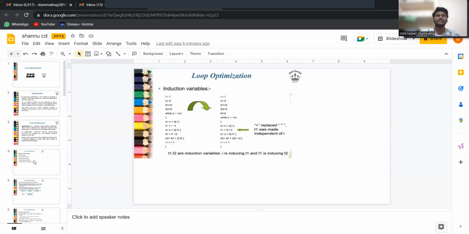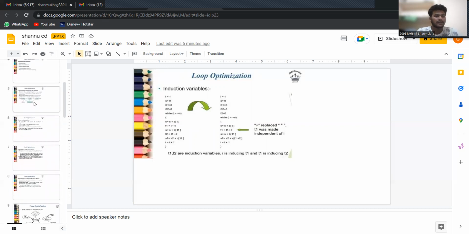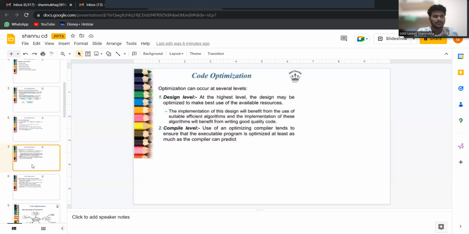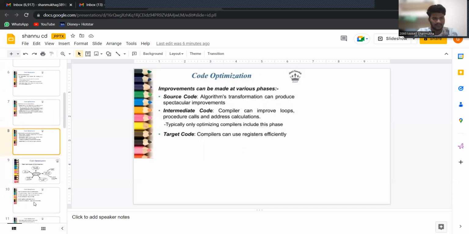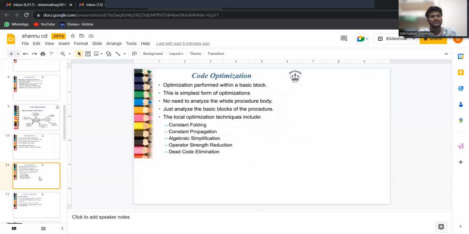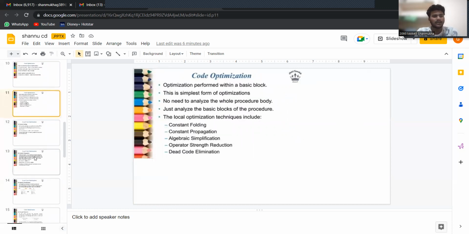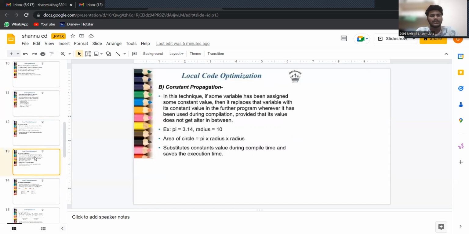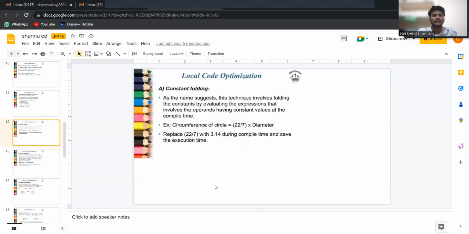When we talk about code optimization, here we have given an example. When we talk about the circumference of a circle, we can use two formulas: 22/7 into diameter, and another option, 3.14 into diameter.